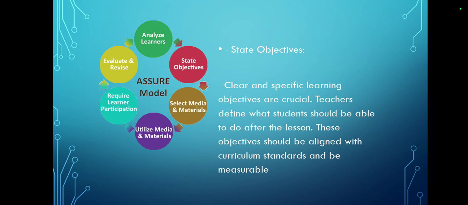And then for letter S, state standards and objectives. Clear and specific learning objectives are crucial. So it is very important to have clear and specific learning objectives. Teachers define what students should be able to do after the lesson.